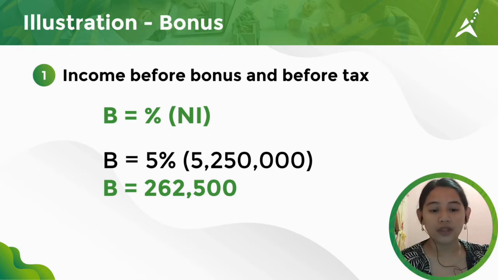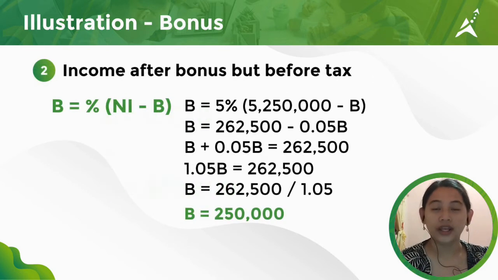Now, what is the meaning of this? 5% times 5,250,000, we will get 262,500 pesos. So, the bonus that an employee will get when the agreement with the entity is income before bonus and before tax is 262,500 pesos.